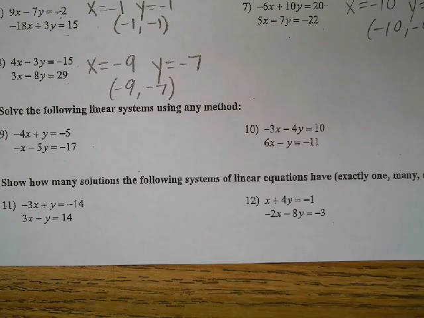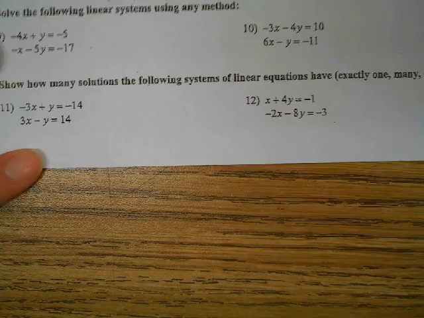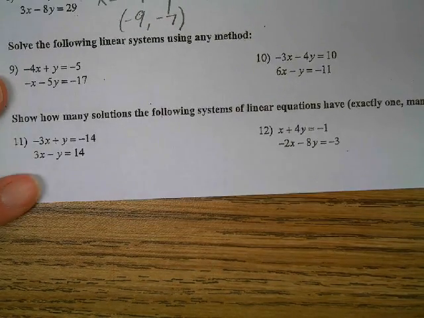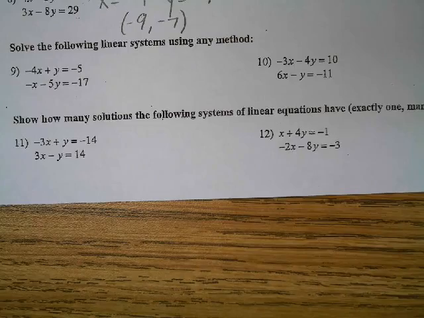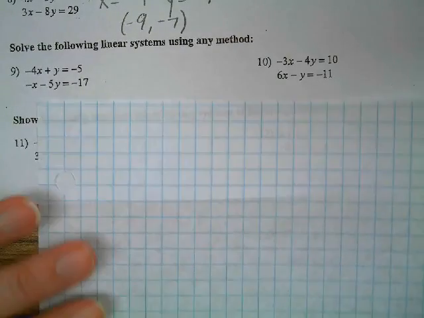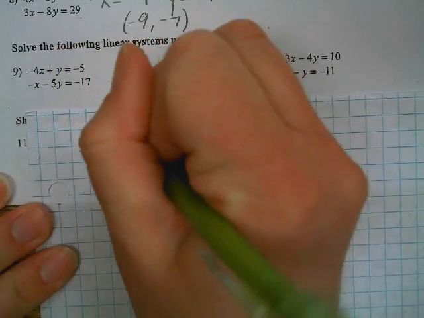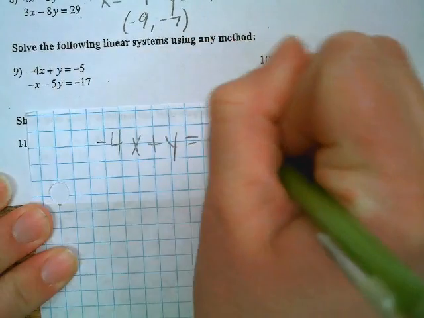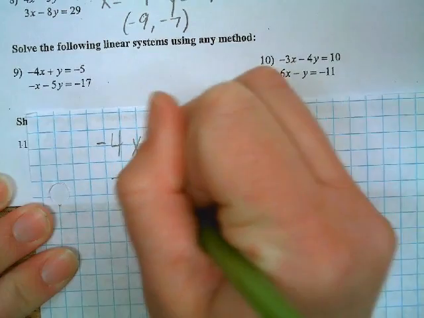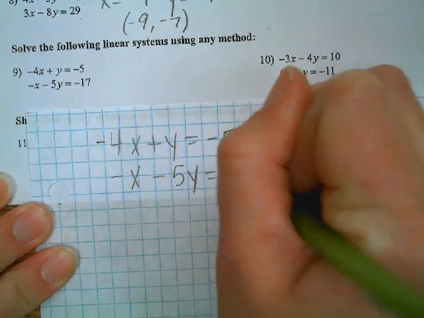For the bottom, numbers 9 and 10, it says you could use any method you want. So I'm going to stick with the substitution method for number 9. So negative 4x plus y equals negative 5. Negative x minus 5y equals negative 17.